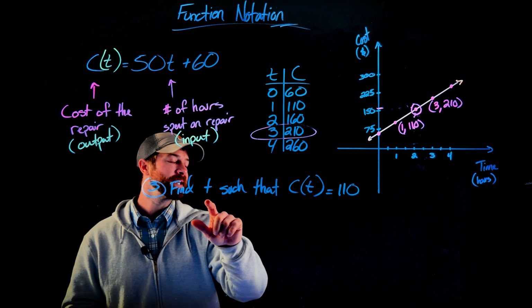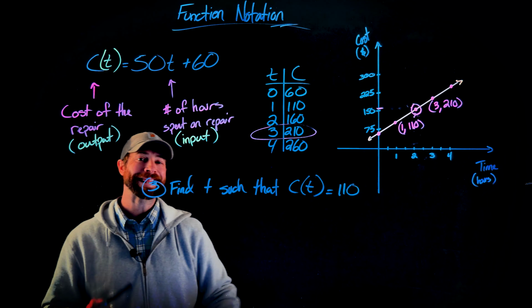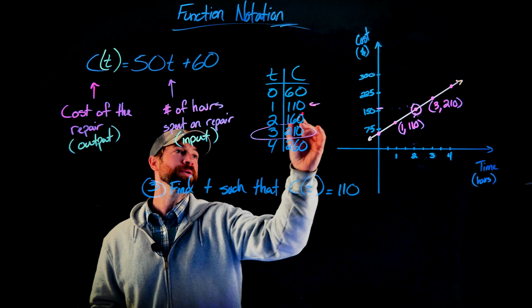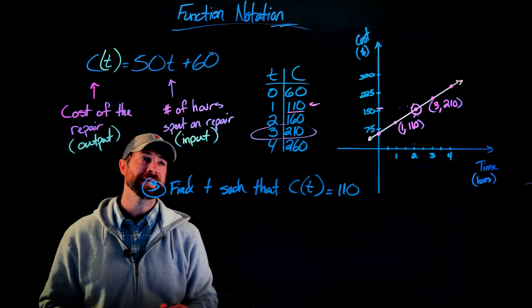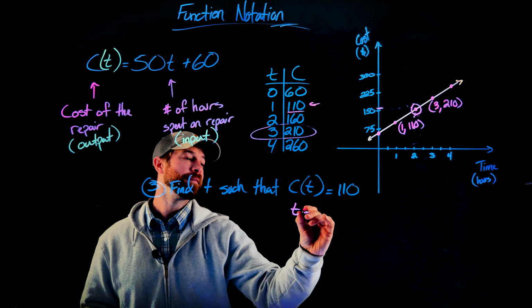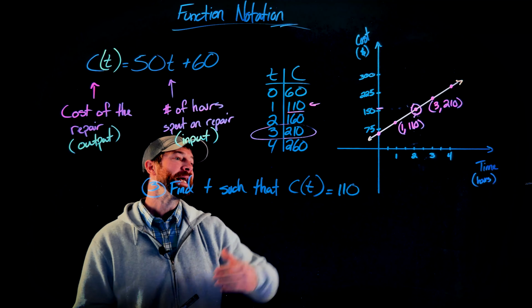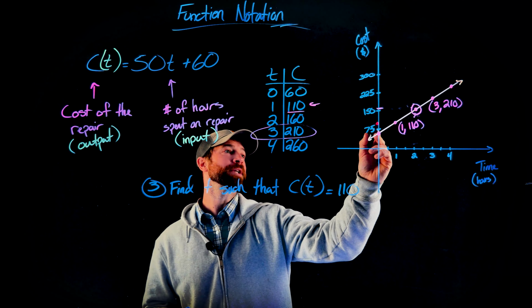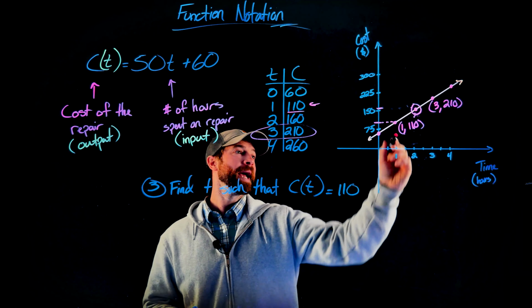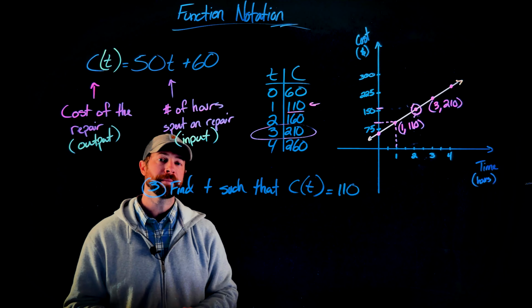If we want to find the t value so that c of t is 110, we look at this line in the table of values, find this output of 110, and say that's associated with the t value of 1. Alternately, what we could do graphically is look for when the output is 110 and find out that that's related to an input of t equals 1.